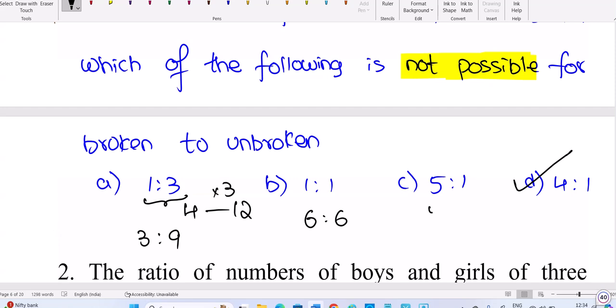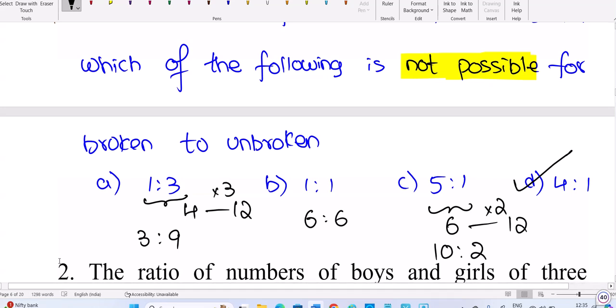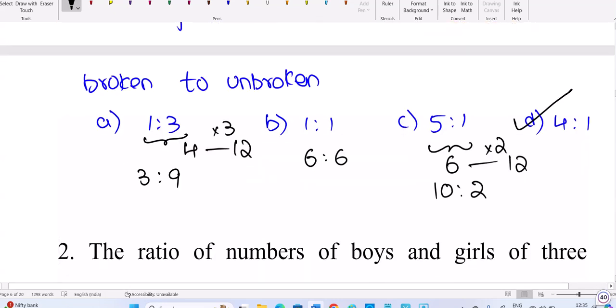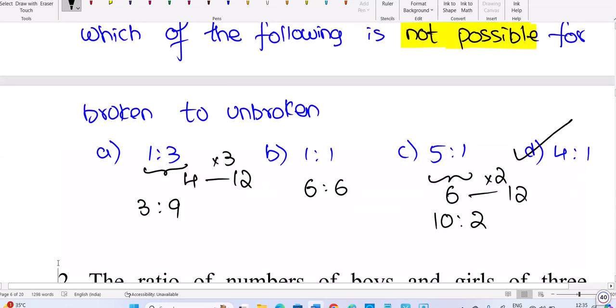5 is to 1. What is 5 plus 1? But I want total 12, so I have to multiply by 2. 5 into 2 is 10, 1 into 2 is 2: broken 10, unbroken 2. But what is the problem with the last one? 4 plus 1 is 5.